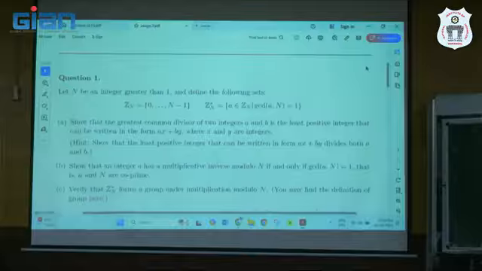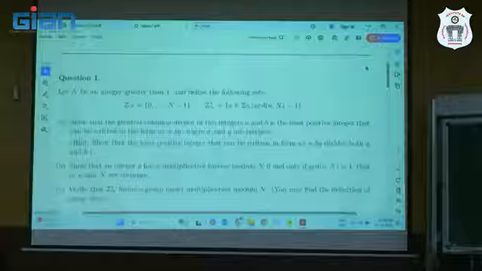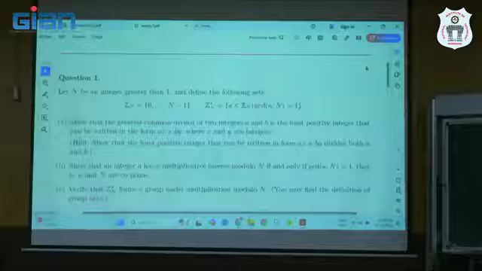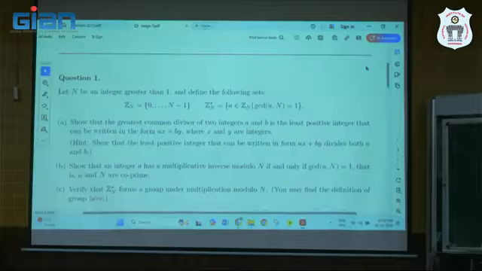Yes. So therefore GCD is less than equal to this number, correct? Now let us try to argue the other way around, that ax plus by also divides a and also divides b.